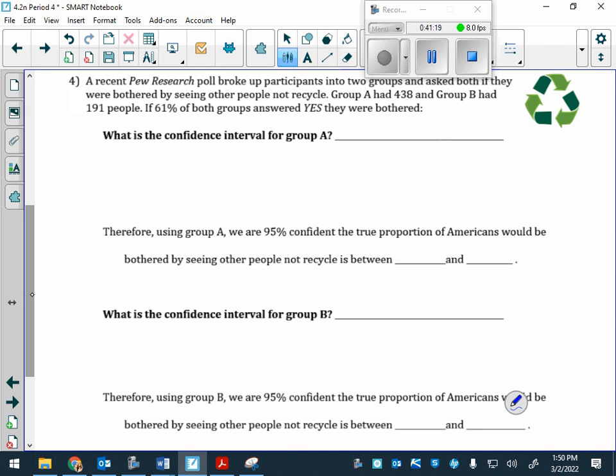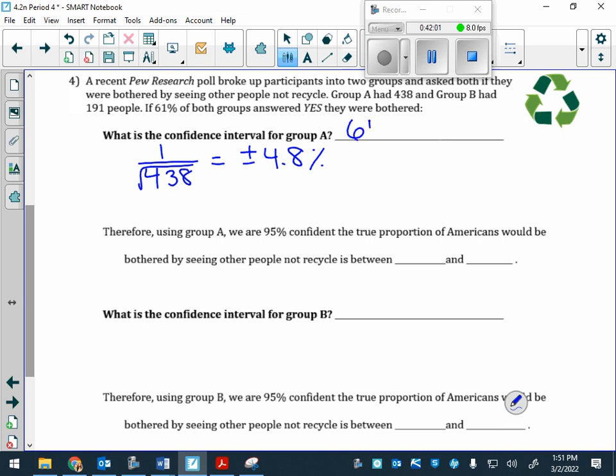Yep, 438. Good. Okay, so how can we figure out the margin of error for group A only? Sawyer, how'd you get it? 1 over the square root of 438. Good. We end up with plus or minus 4.8%.